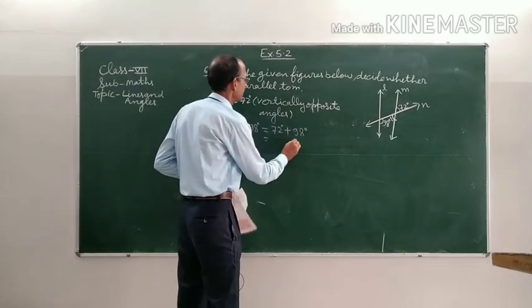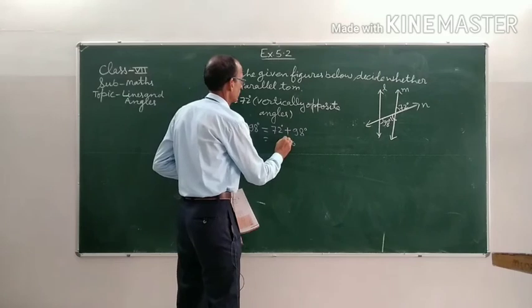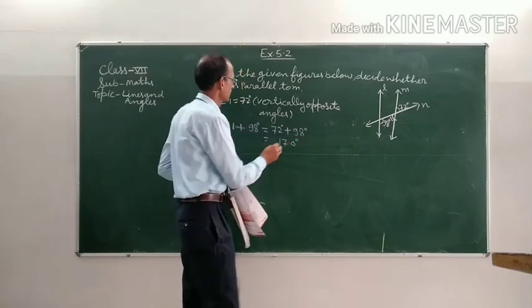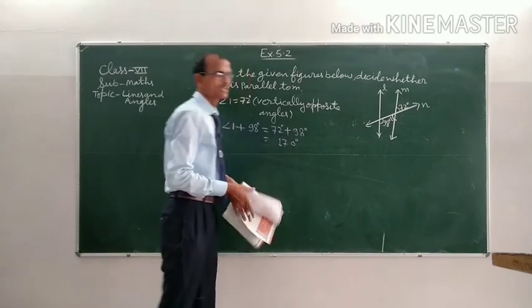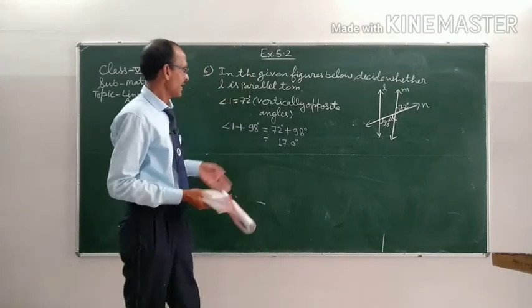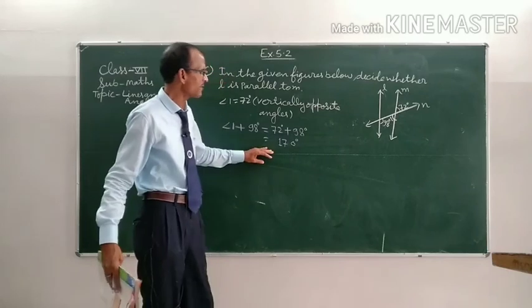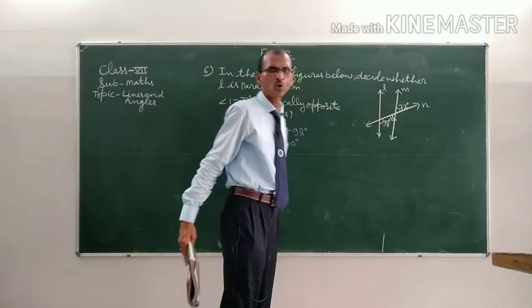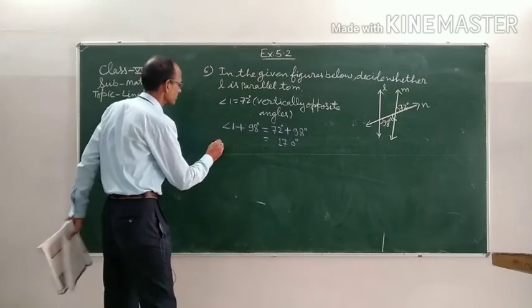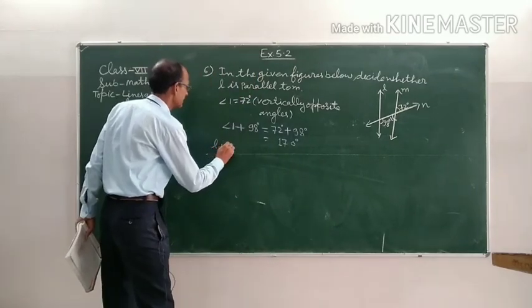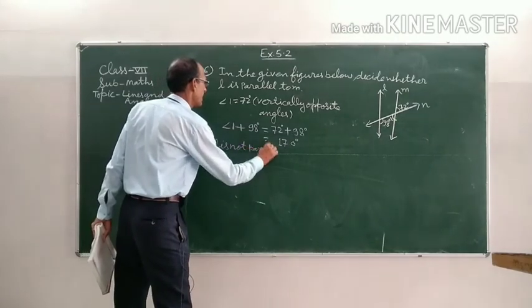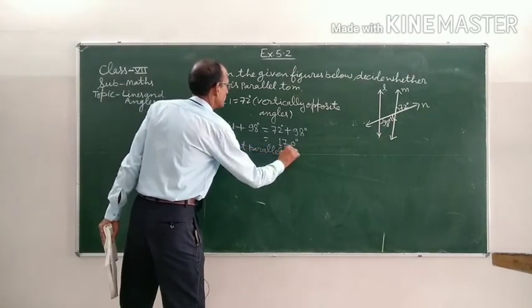The sum will be 170. We see that the sum of interior angles of the same side of transversal is not 180 degree, so line L is not parallel to M.